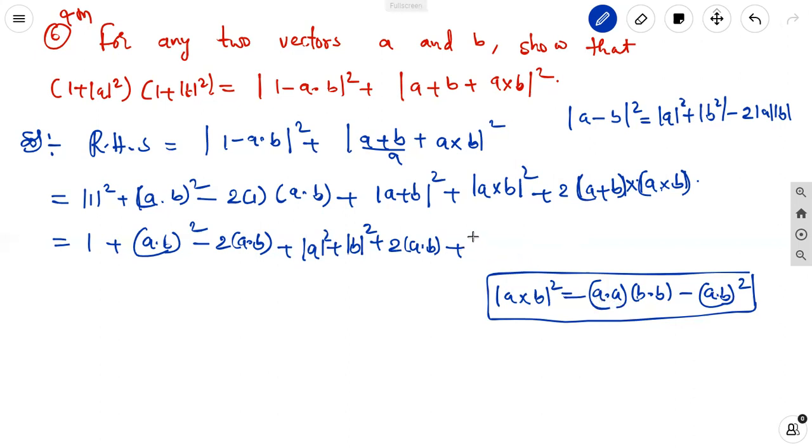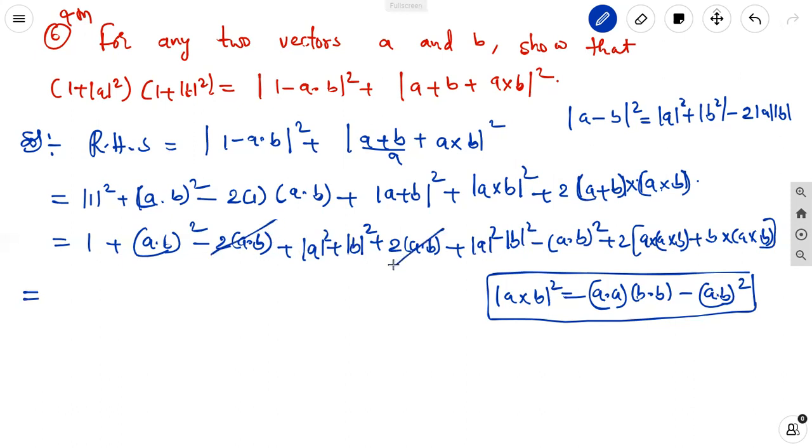Okay, it is mod a square mod b square minus (a dot b) whole square plus 2 into a cross of a cross b plus b cross of a cross b, by distributive. It is equal to minus 2 into a dot b plus 2 into a dot b, which get cancelled.